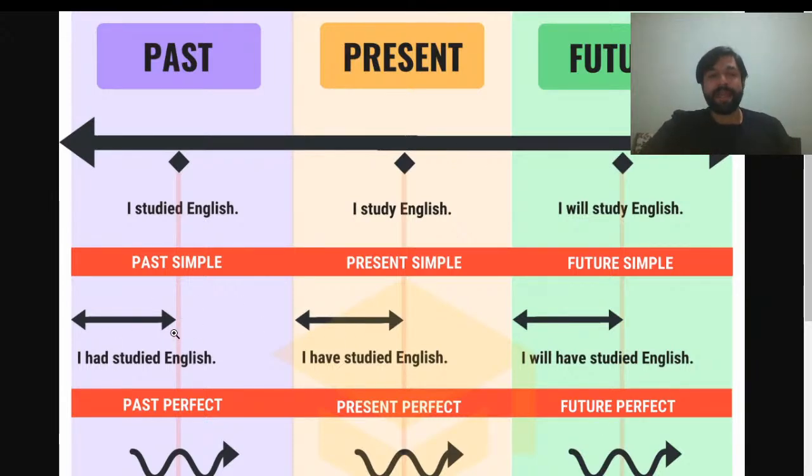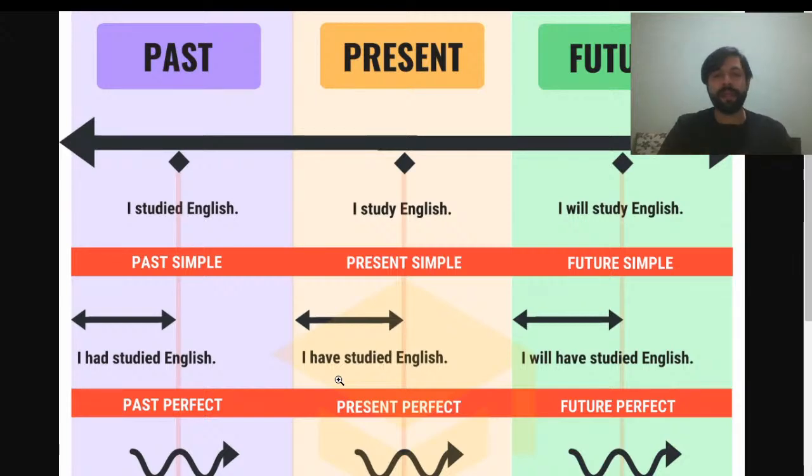When we talk about the perfect tenses, for example, if you use the past perfect, it's an action that happened in the past. Okay, and it's over, it started and finished in the past. If you use the present perfect, the action happened in the past, but we have some situation in the present. Okay, so the only information we know when we use the present perfect is it happened before now.